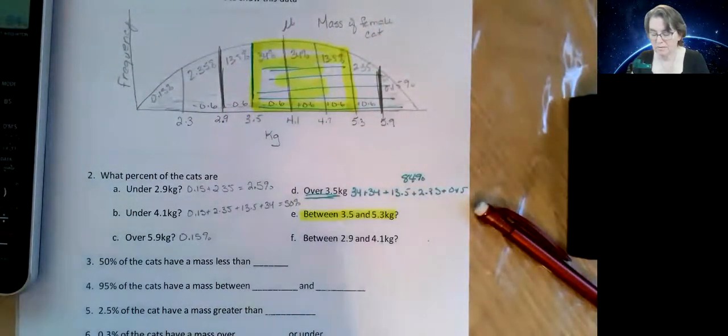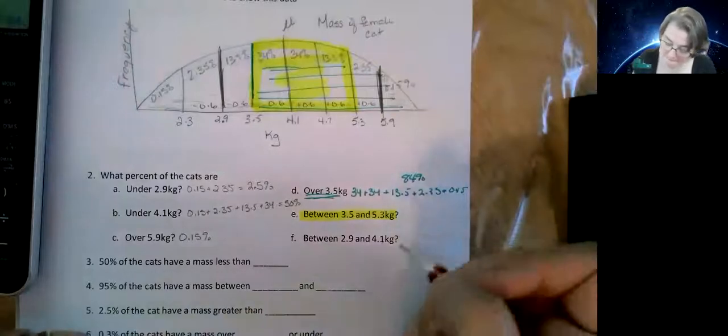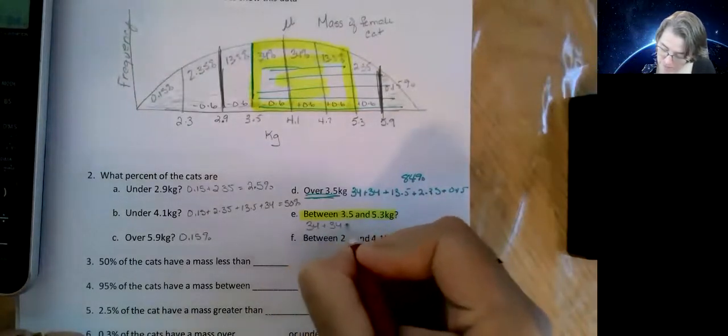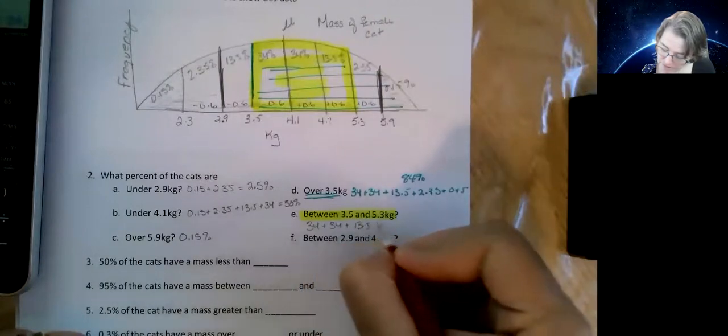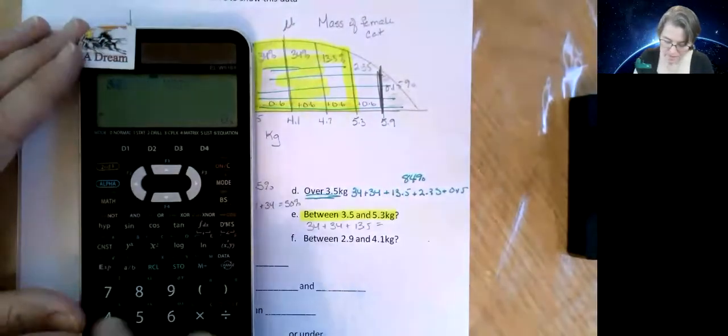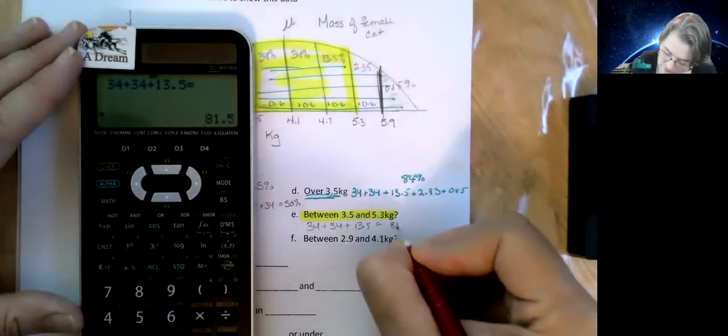Actually, in this initial part, until we hit Z scores, if those numbers don't match up, then you know you made a mistake for sure. Once we do a few more videos and you learn about Z scores, then any number will work. So 34 plus 34 plus 13.5, 81.5%.